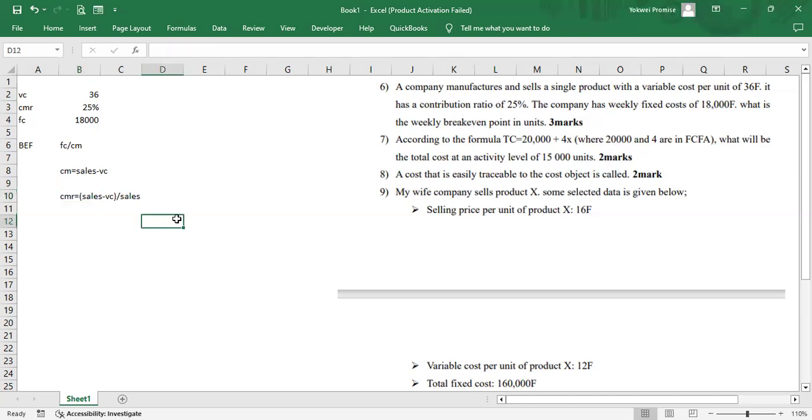Contribution margin equal to sales minus variable cost all over sales. So we have our contribution margin ratio to be 25%. 25% is the same as 0.25. So let's now have 0.25 will be equal to.